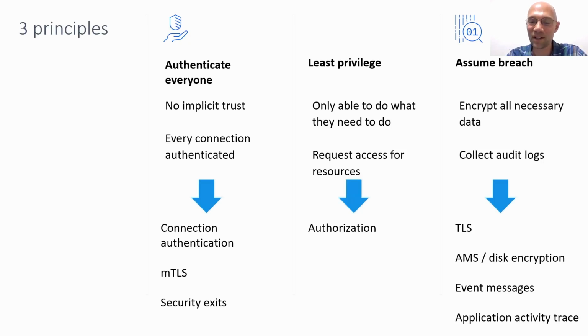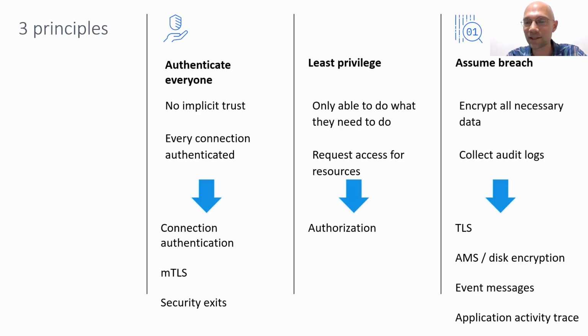So you've got options here of using TLS to encrypt data when it's on the network, when it's being transmitted between your MQ endpoints, and also AMS or disk encryption, which is how you can encrypt messages when they're at rest. So AMS is what MQ itself provides, which gives you end-to-end encryption from the moment that the message is put by an application into the MQ network right up to the point when it's got by the application that eventually gets the message off the queue.